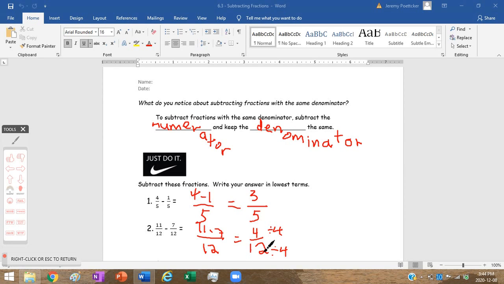Fractions are going to test to see if you know your multiplication facts. Because if you know that 4 times 3 is 12, this is a really easy question to simplify. 4 times something gives me 12, that's 3. So my final answer here is going to be 1/3. That's in lowest terms because both of these can't be simplified anymore.